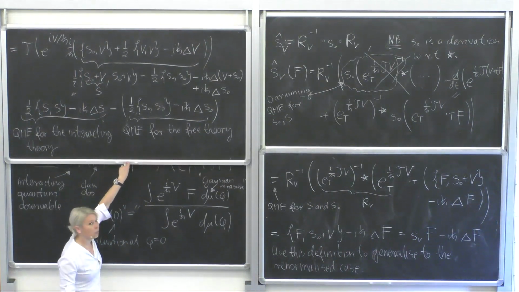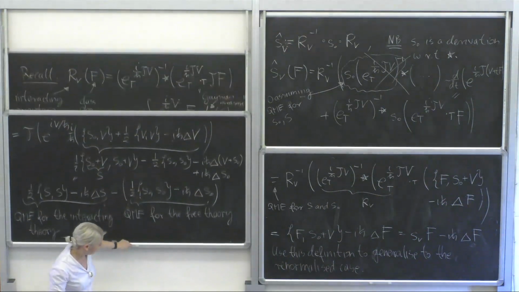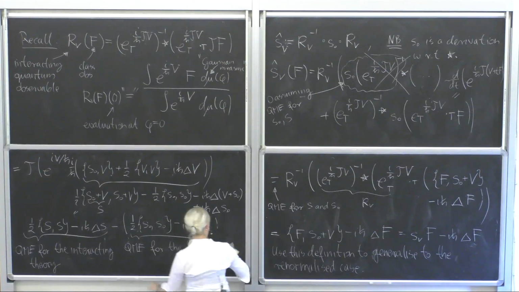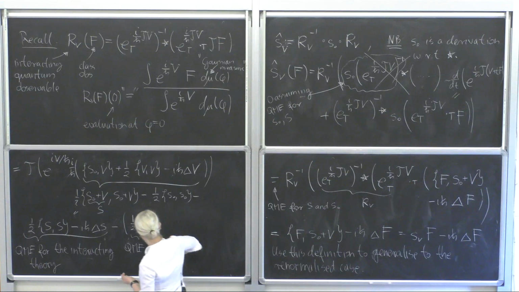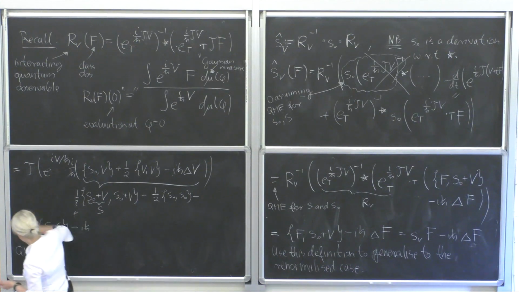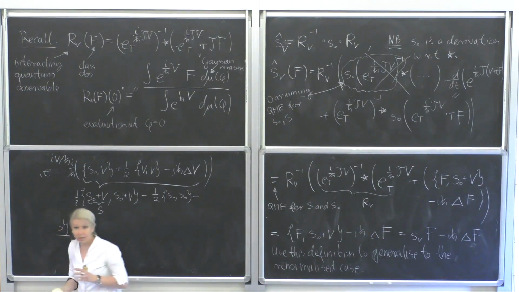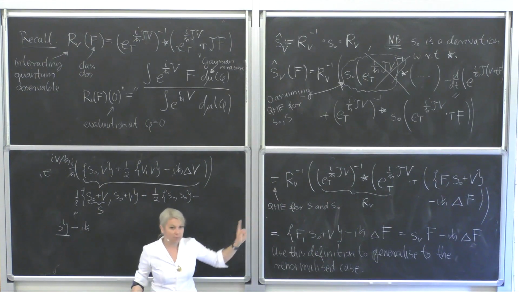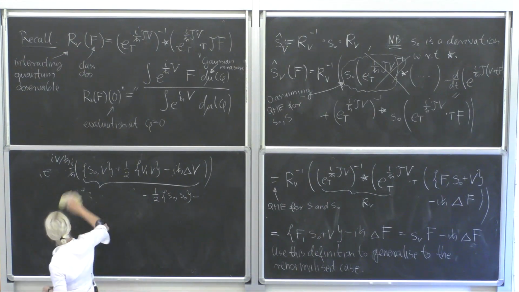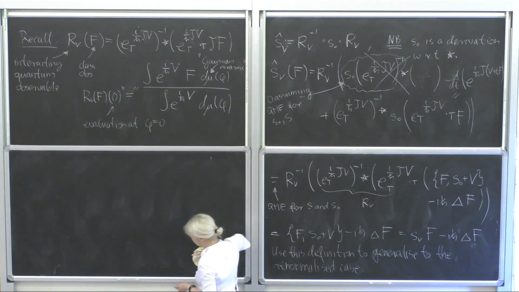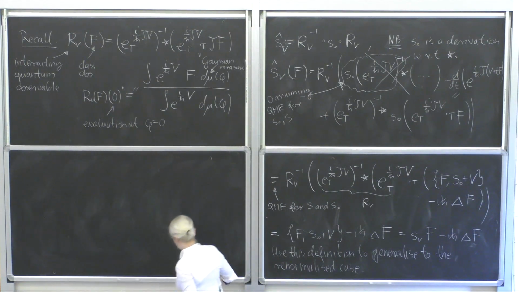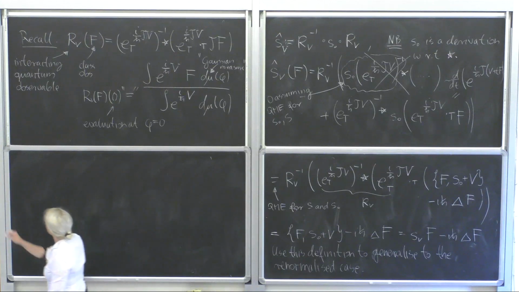So there is a result which was derived for an entirely different reason, which tells me exactly what I need, that what comes out there is local. And this is called the anomalous master Ward identity. So I'm going to state it now.